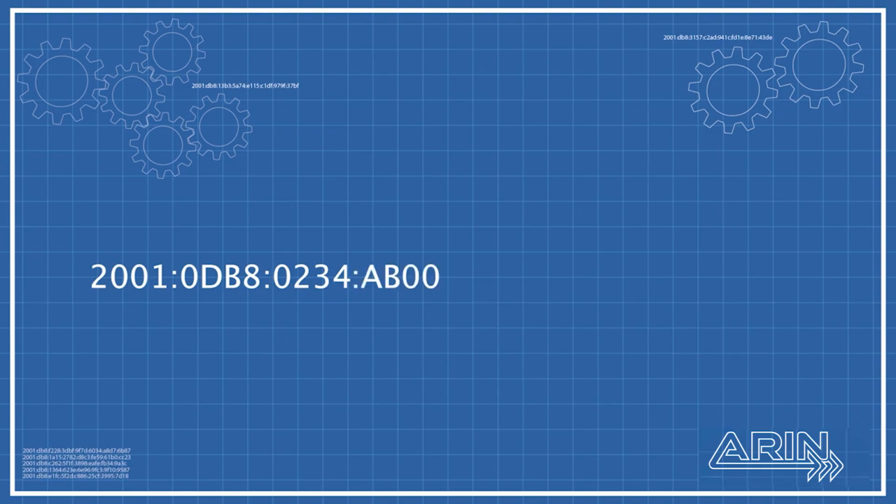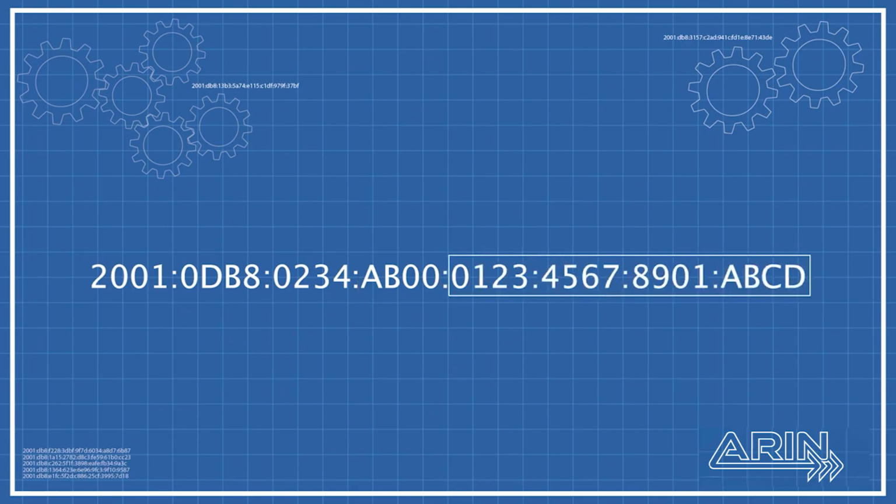Some address plans break it down even further, it just depends on your needs. The next group can be customized to designate subnets at that 234 site that we referenced earlier. We have over 65,000 subnets available to use there. The last section is an auto-configured 64-bit unique identifier for that device.